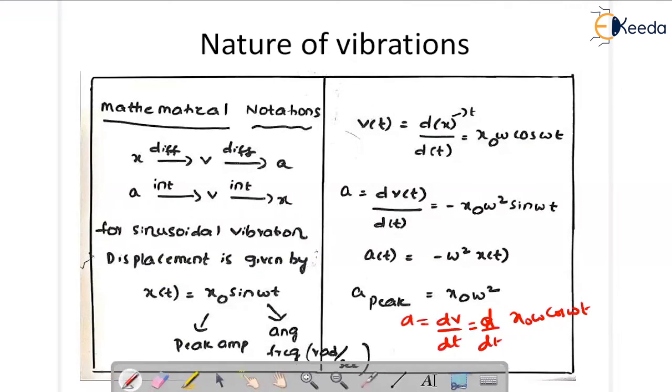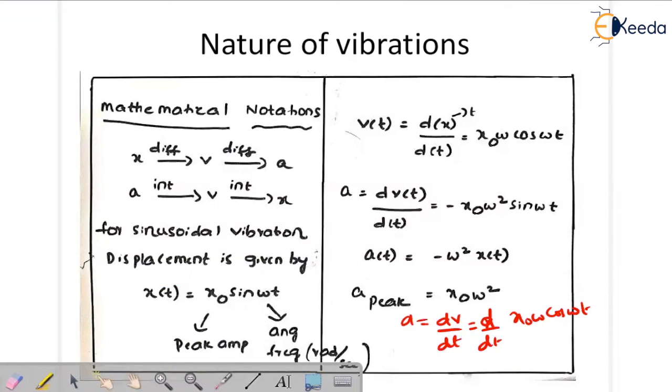Here x naught is again a constant, omega into omega gives omega square, and the differentiation of cos omega t is minus sine omega t. So acceleration is minus x naught omega square sine omega t.